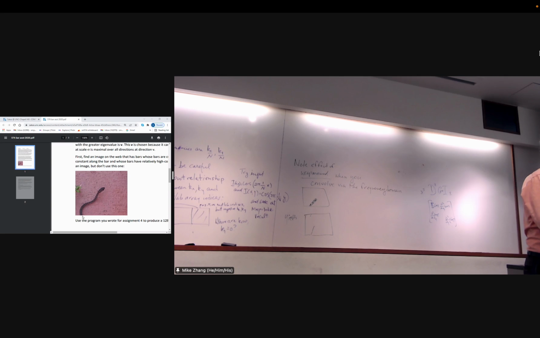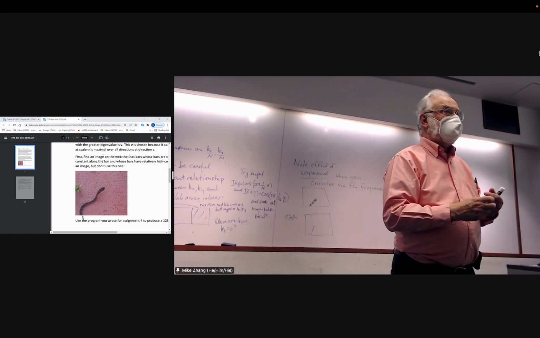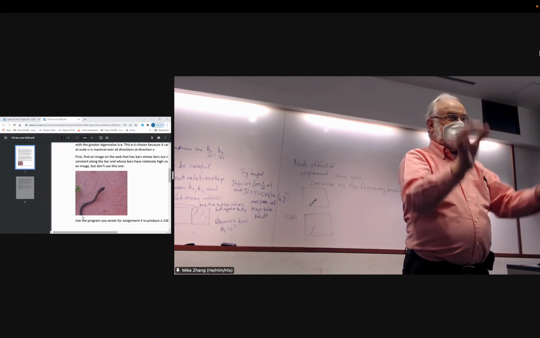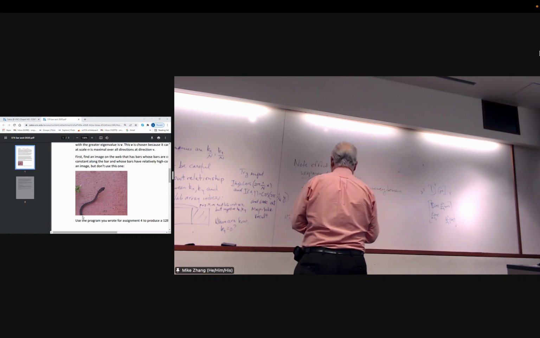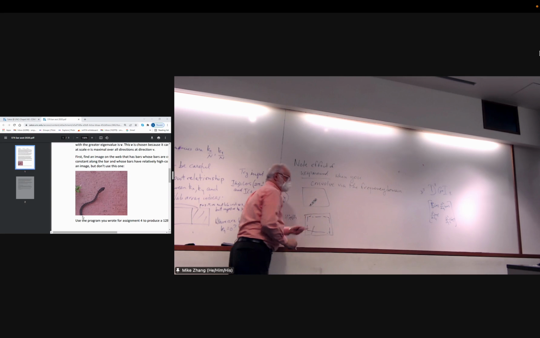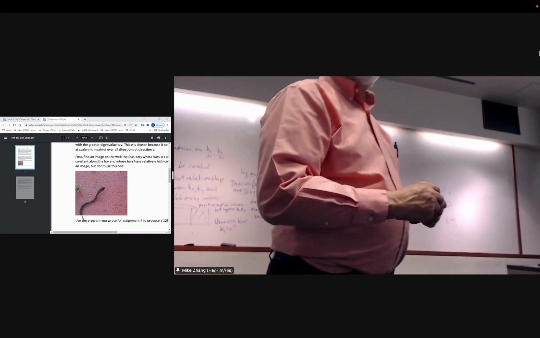This begs the question, well, how do I get rid of the edge effect if I'm going to do it via the frequency domain, right? And that's beyond the scope of this course. The short answer is, you only believe your results within some part of the image not close to the edge, because you get these edge effects.